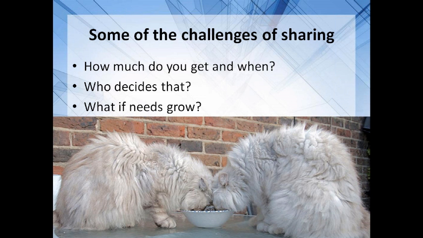If it is sharing a microgrid, then it is about the power and energy you can get from the grid. Since these systems usually have a limited capacity, you cannot get everything you want all the time, of course. And who decides what you get and when? And also, what if needs grow?